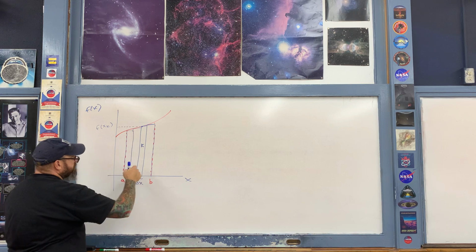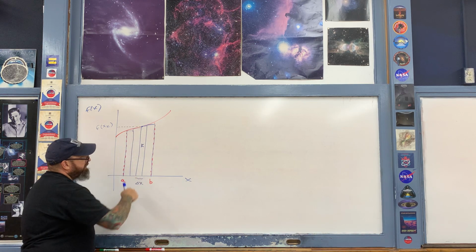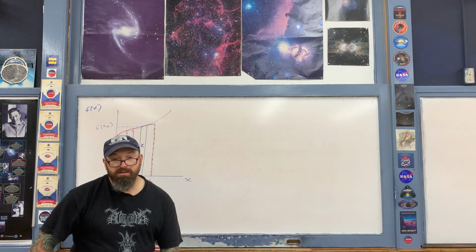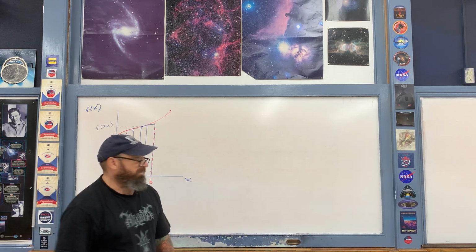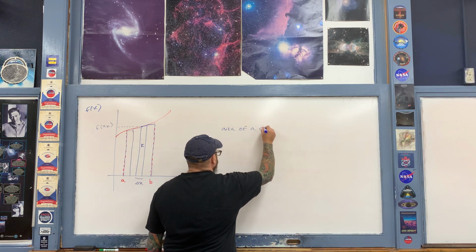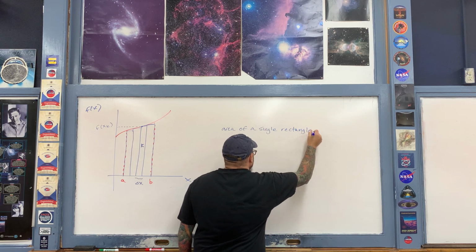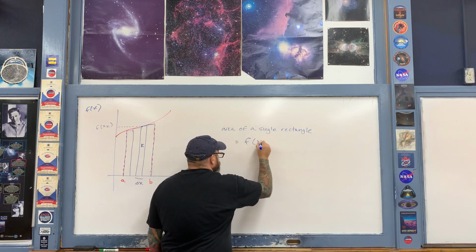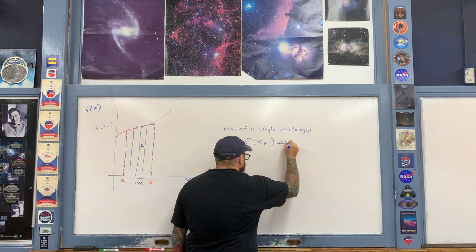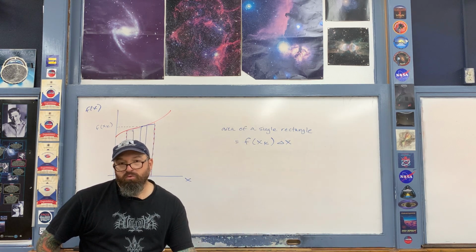So x sub k is just referring to the variable x right here at this point on the graph. And now the area of that single rectangle is just base times height. That's the following. Okay, typically we write it like this. Like so. Okay, now that's just the area of one rectangle.